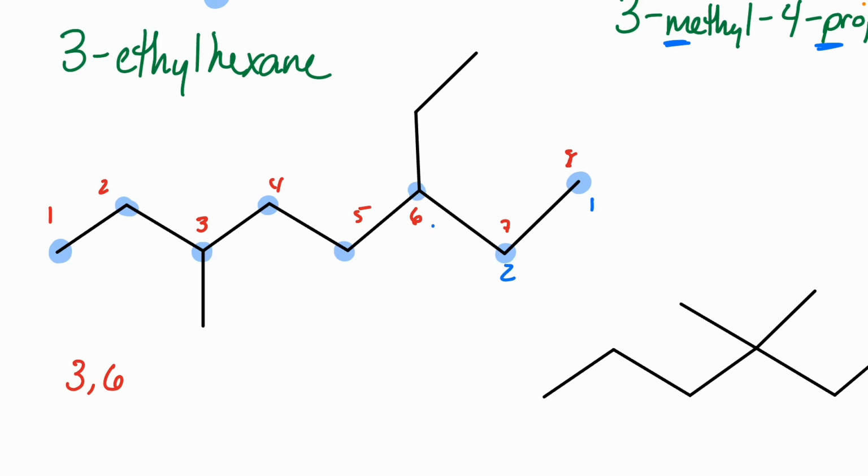If I number in my other direction, I get a 3 and a 6. So I have a tie. And what do I use to break that tie? Alphabetical order, right? So only when you have a tie do you resort to alphabetical order to break that tie. So in this case, I'm going to pick the blue numbering scheme because ethyl comes before methyl alphabetically.